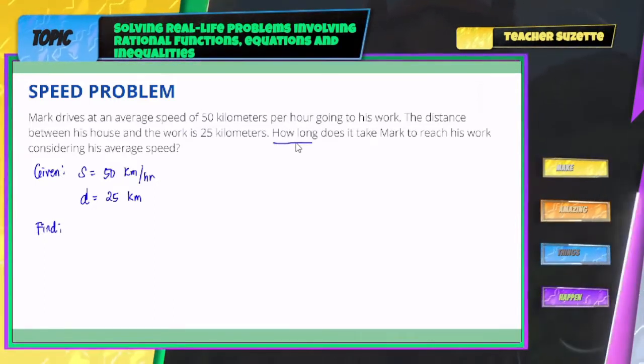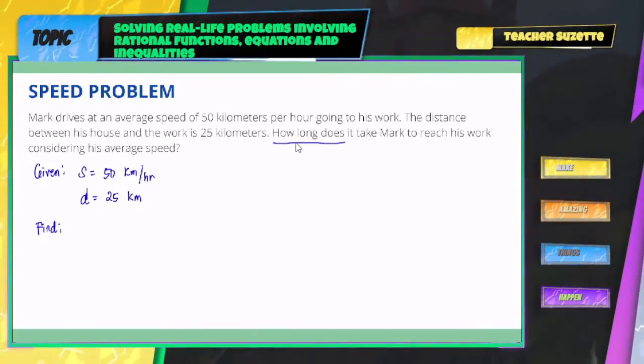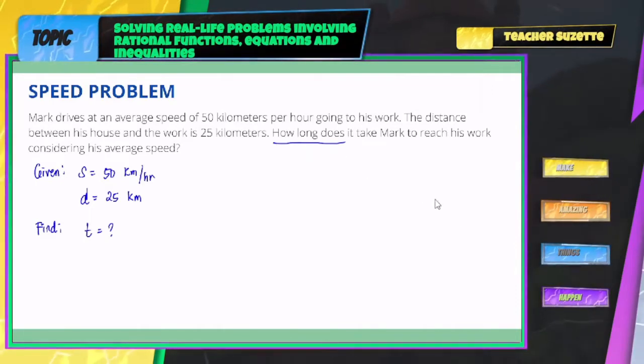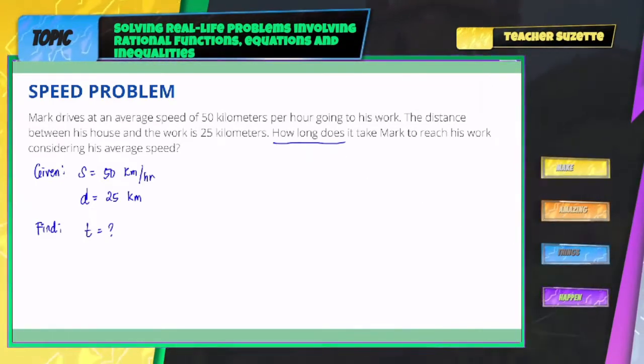When you talk about how long, we are talking about the time. So, we now have the known and unknown for our first problem. Next, let's proceed with our solution.